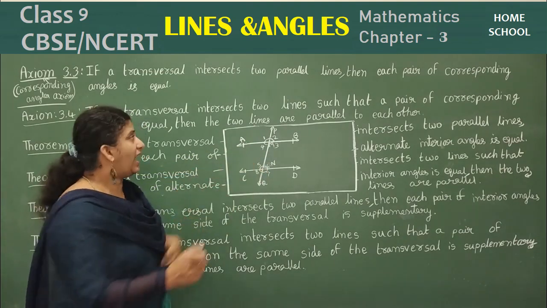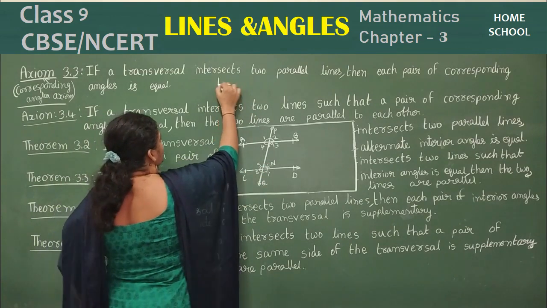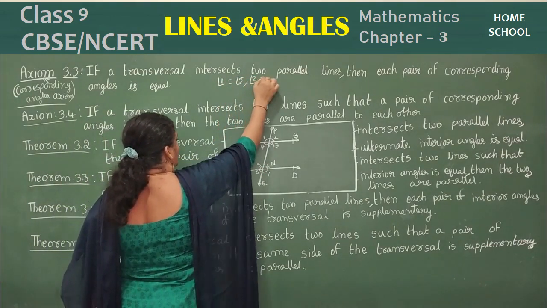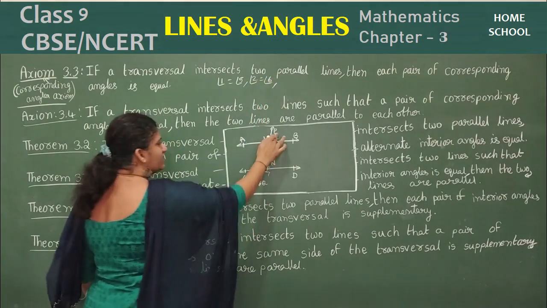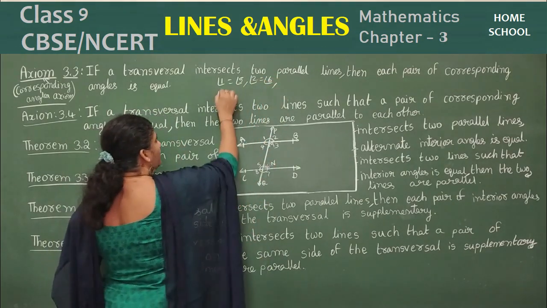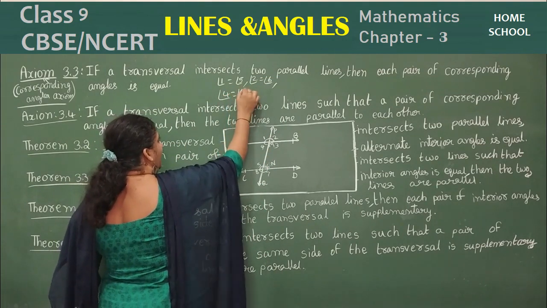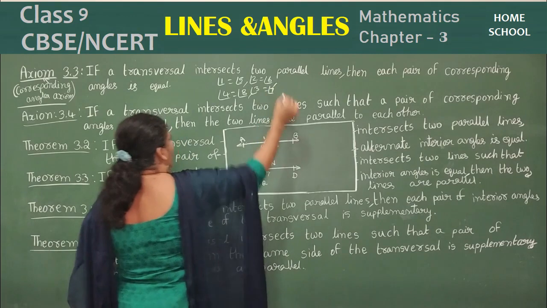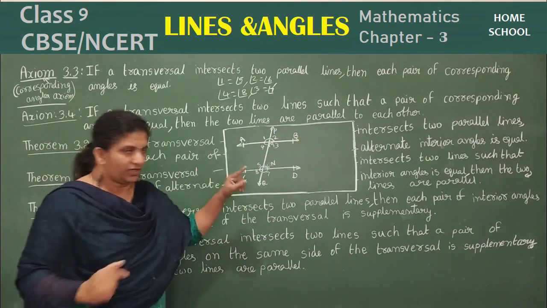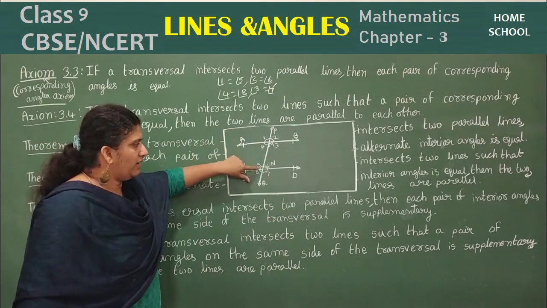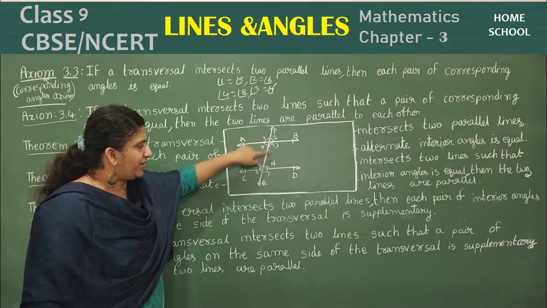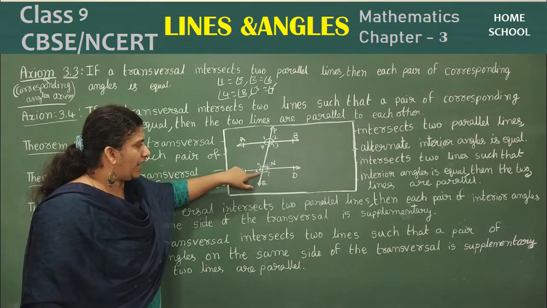Only 2 pairs? No, we still have more. Angle 1 is equal to angle 5. Angle 2 is equal to angle 6. Angle 4 is equal to angle 8. Angle 3 is equal to angle 7. Observe the finger movement here. Angle 1, angle 5. Angle 2, angle 6. Angle 3, angle 7. Angle 4, angle 8.